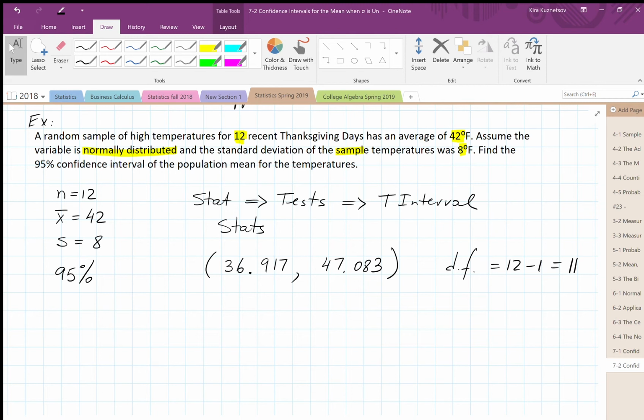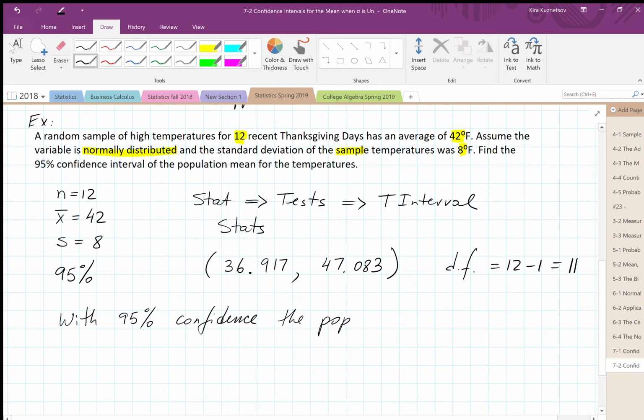You can usually start with phrases like "with 95% confidence, the population mean for the temperatures on Thanksgiving Day." So you're basically copying the first sentence of the original problem.